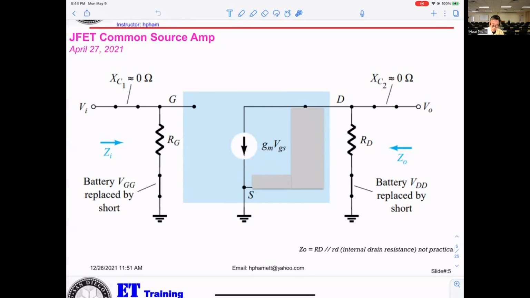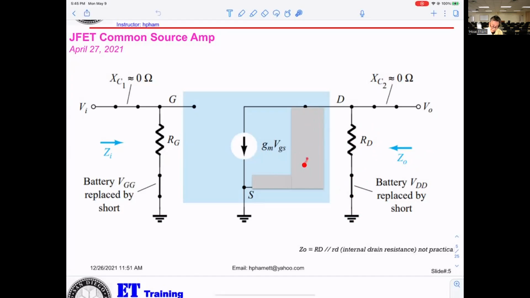Now if you get the RD, that means the drain resistance, then VDD is shorted to the root. So RL now, if you're looking into the amplifier, you see only the big D, not the small d here.